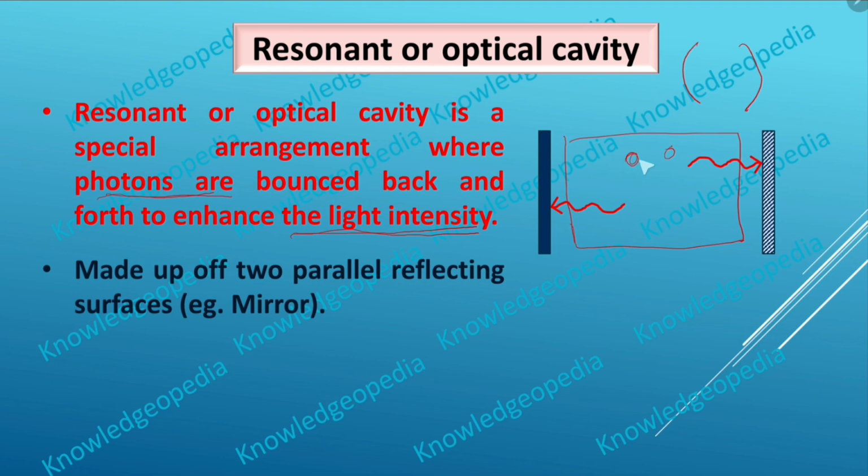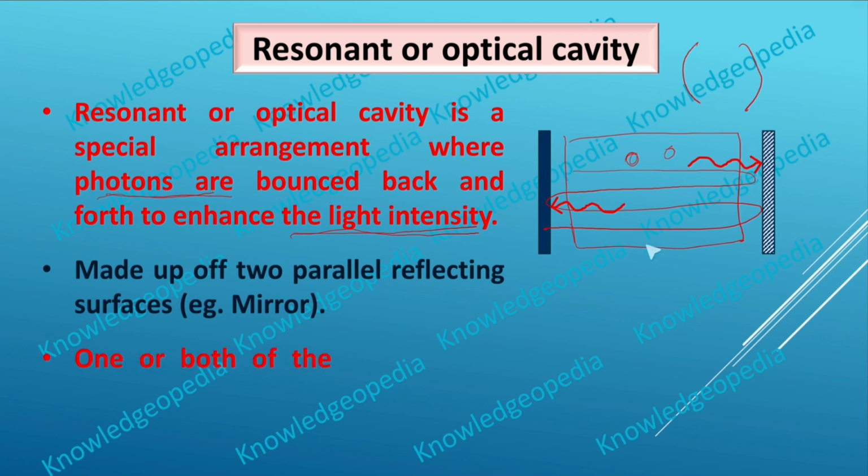That leads to stimulated emission, and we know that stimulated emission is the process through which photons get multiplied. As they move many times between these two plates, we get a number of stimulated emissions, and hence the number of photons gets multiplied, which increases the light intensity, right?